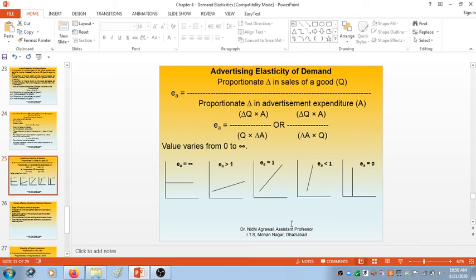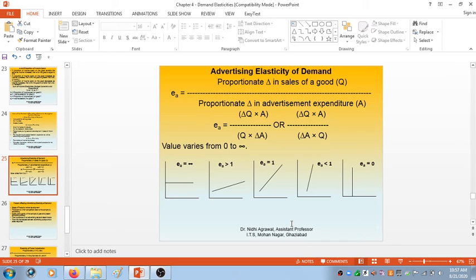Next is one more important elasticity that we generally study apart from elasticity of demand, that is advertising elasticity of demand, right? This is the ratio of percentage change in sales of a good divided by percentage change in advertisement expenditure. So this elasticity basically indicates if a particular firm is going to change its advertising campaigning or expenses on advertisement, then what will be the impact on the sales of the company.